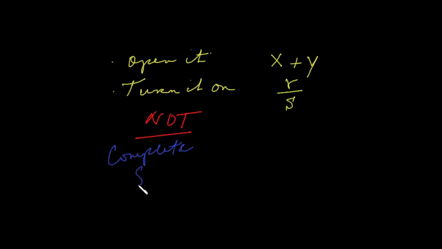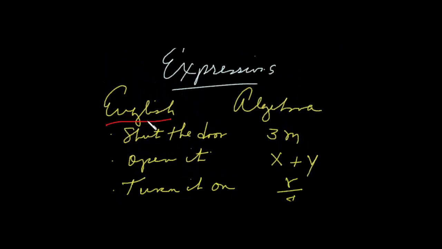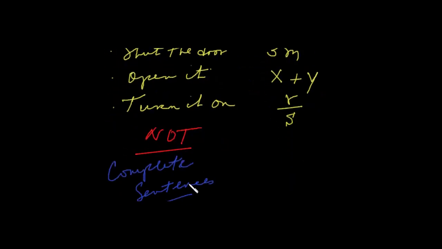English expressions are not complete sentences in that they don't adhere to the rules that govern having a complete sentence, if you will. So they do communicate ideas, they do communicate information, but not as a formal complete sentence.